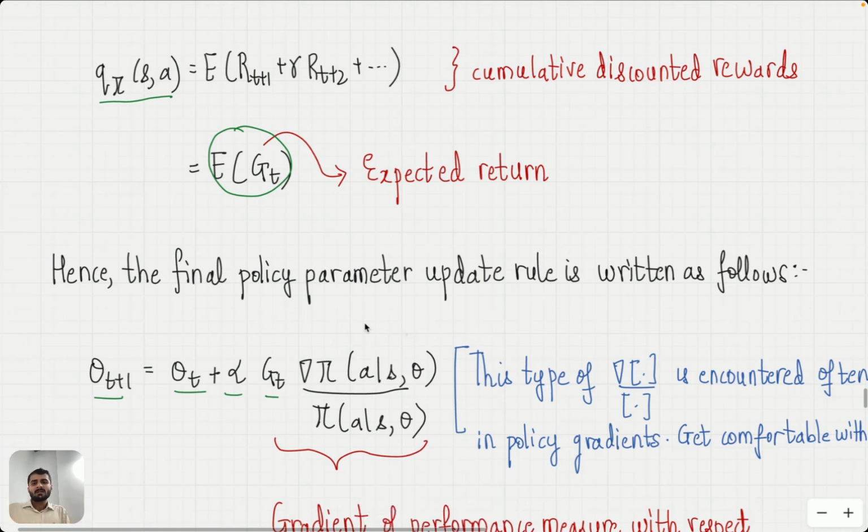And whenever you see a term which is grad pi by pi, you should immediately connect it to the gradient ascent theorem, which we had looked at in the REINFORCE algorithm. So it should not be highly intimidating for you, but you should think that whenever we take a gradient of the performance measure with respect to the policy parameter, we get a term which is proportional, or which is given by gradient of the policy divided by the policy itself.